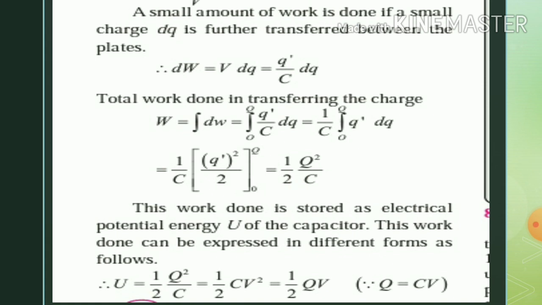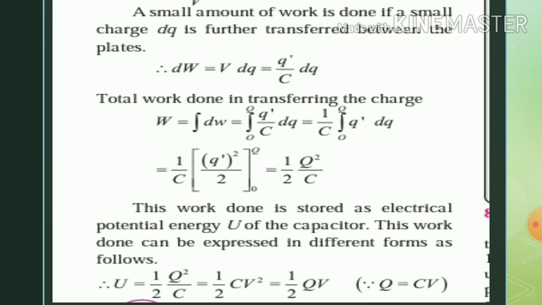The second form of electrostatic energy is U equals 1/2 C into V square. This is electrostatic energy in the form of capacity and potential.